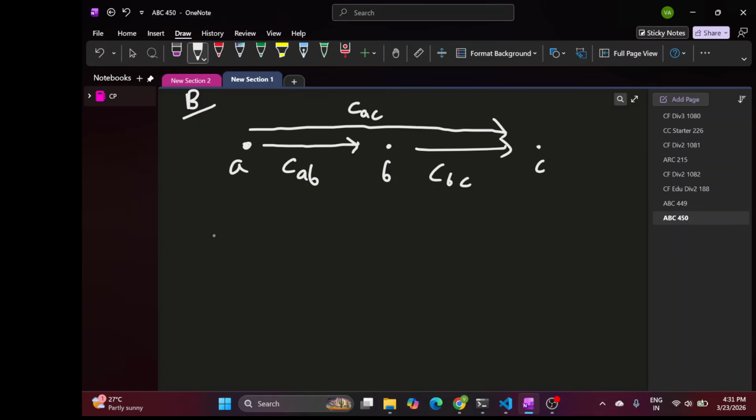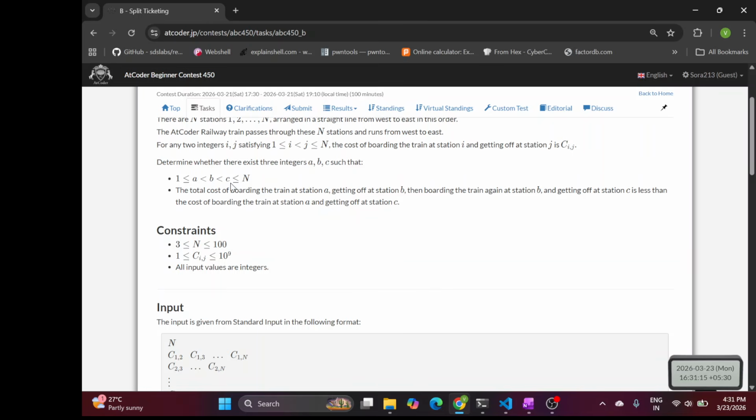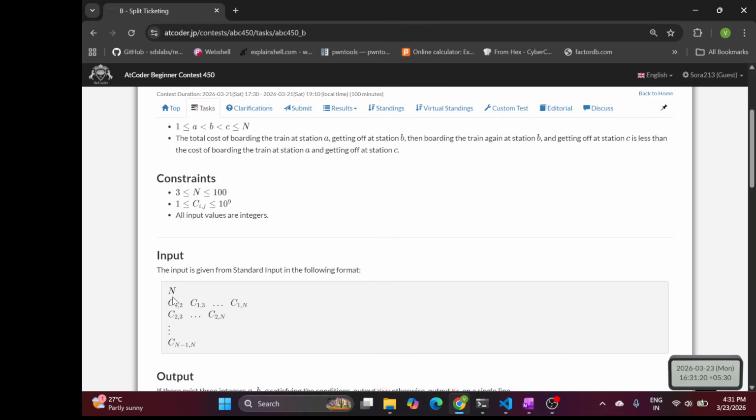So here we need to find three such integers A, B, and C such that CAC is greater than CAB plus CBC.